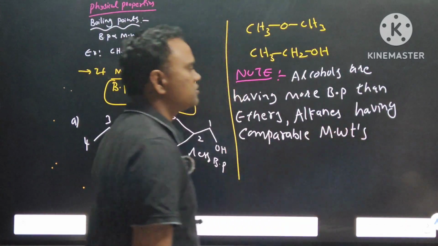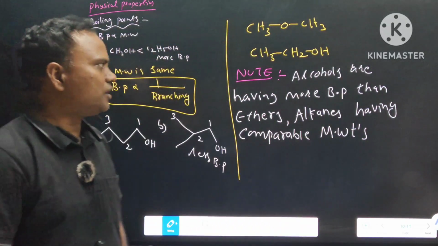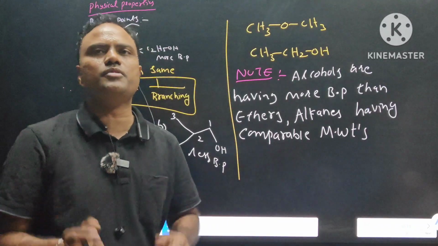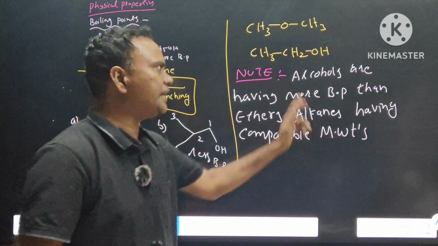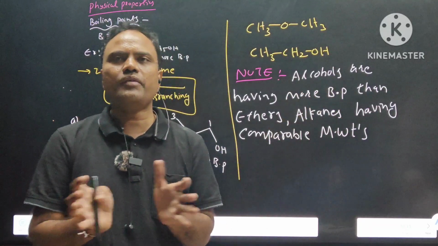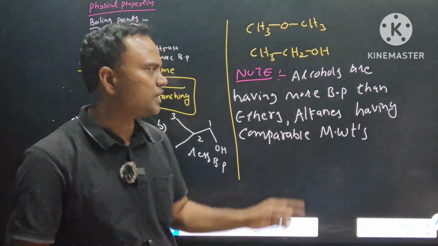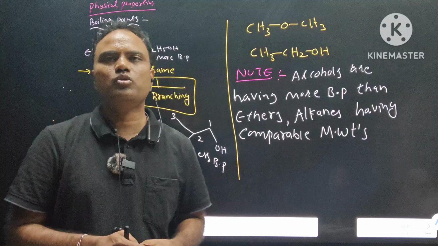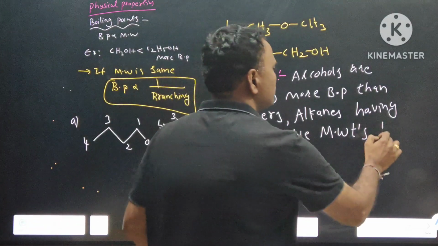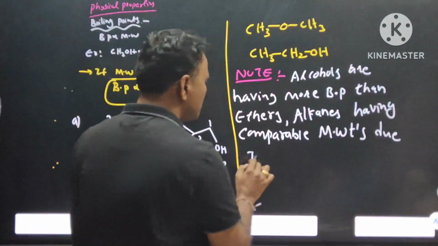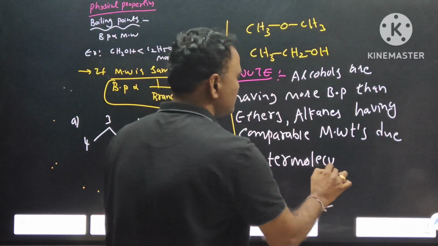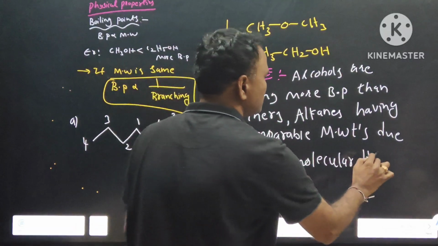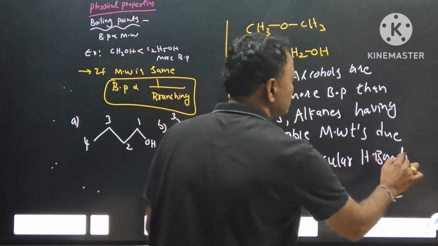Comparable molecular weights means if ether and alcohol have almost similar molecular weight, then alcohol has the higher boiling point. If alkane and alcohol have almost similar molecular weight, then alcohol has the higher boiling point due to intermolecular hydrogen bonding.